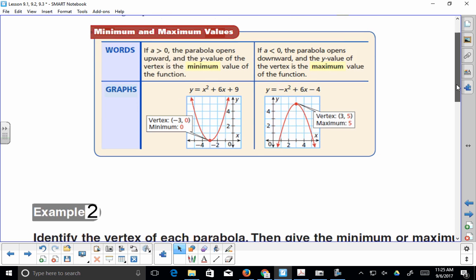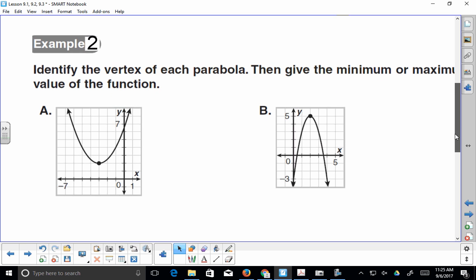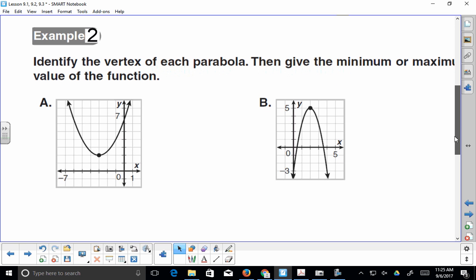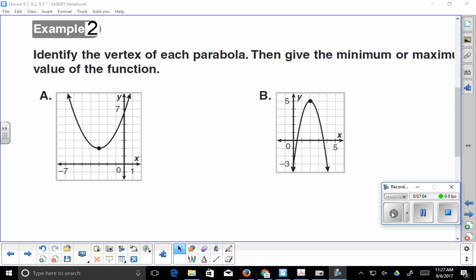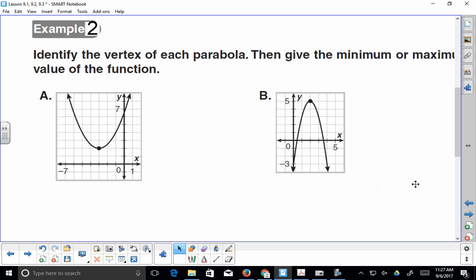All right, so here are 2 more graphs. Identify the vertex and then tell the min or max value. Okay. All right, so letter A. What's the vertex then, Sammy? Now there's an x-coordinate, it's a point. So what are the coordinates of this point?